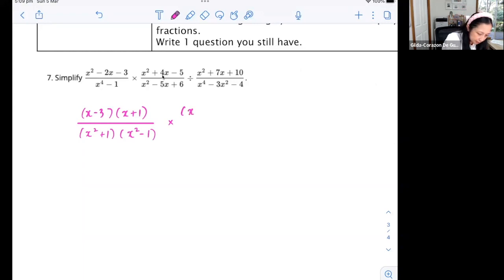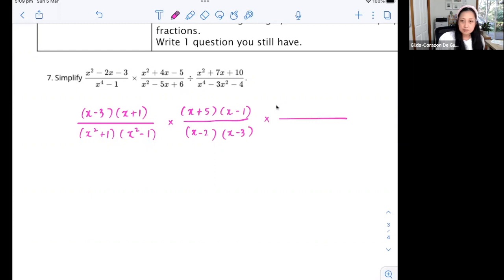You get x plus 5, x minus 1, over factors of x squared minus 5x plus 6. Factors of 6 that when you add, you get -5. You get x minus 2, x minus 3. And then because we're dividing, we can actually just swap these two around.